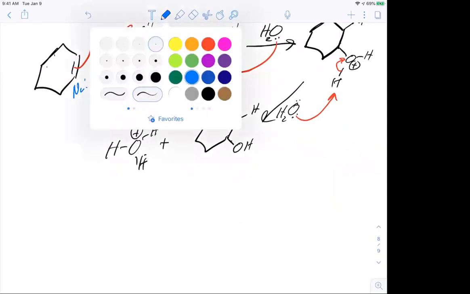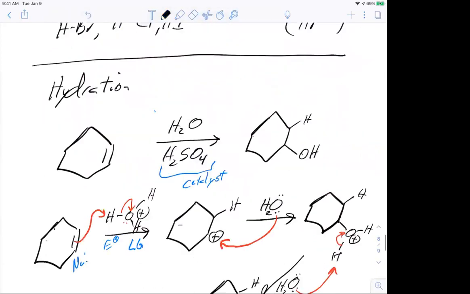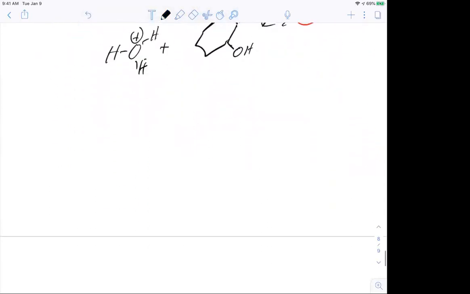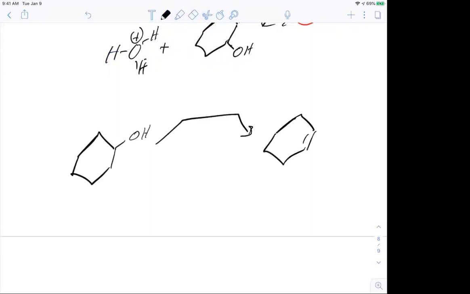And this is important because we just covered dehydration of alcohols to form alkenes. So if we have an alcohol, I could take that alcohol and turn it into the alkene by using H2SO4, right?